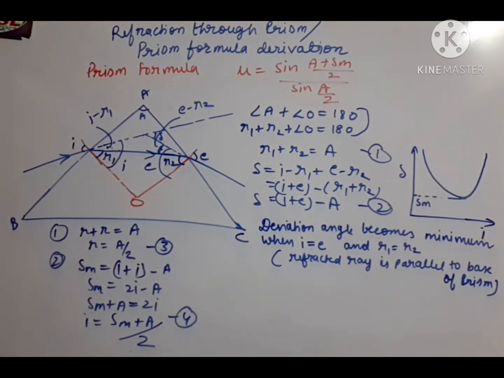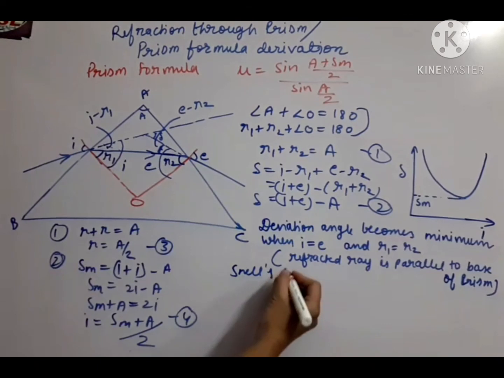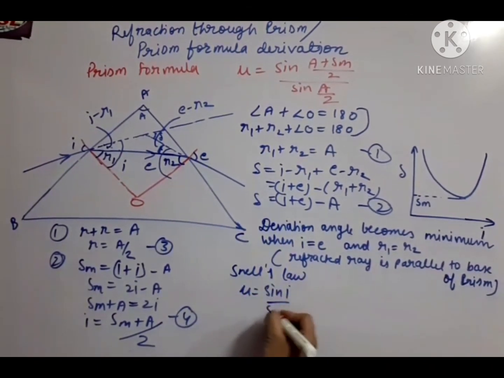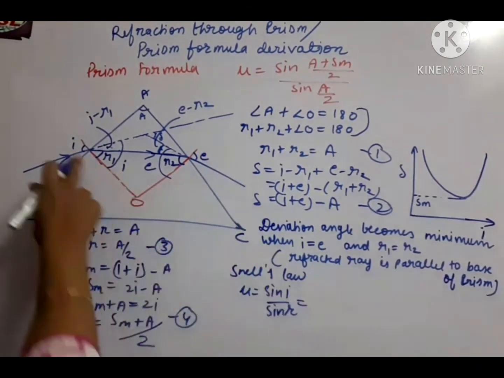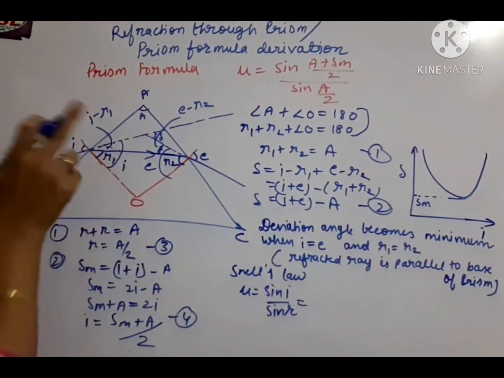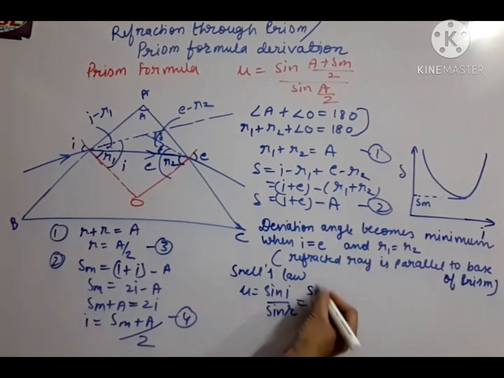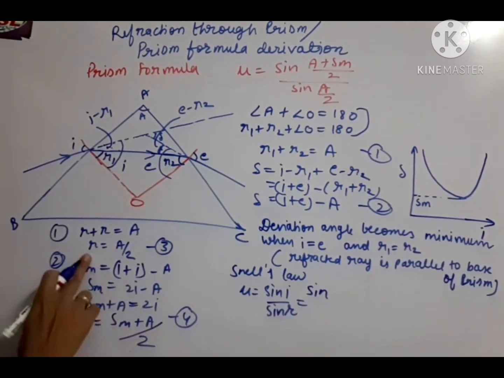So what is the idea? We have actually got the R and I answers. Now the last step is that we have to put them in Snell's law. Mu equals sin I upon sin R. This we already know. So sin I upon sin R equals mu of this prism. Let us put the I value from here and the R value from here.